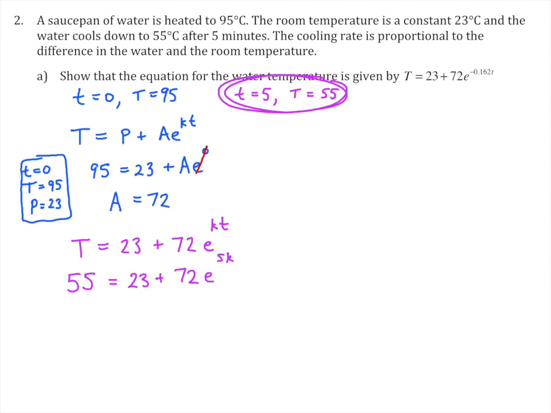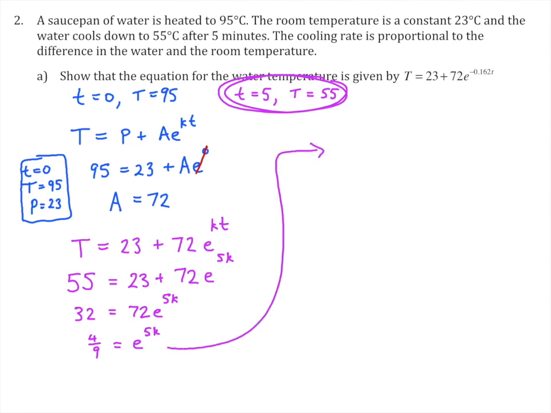Minus 23 to both sides. 55 take 23 is 32. Oops, not kt, it's now 5k, sorry. Divide both sides by 72, and 32 divided by 72 cancels down to 4/9. So 32 divided by 72 equals e to the power of 5k, and we get that.